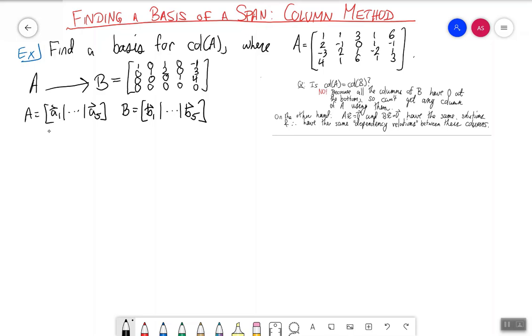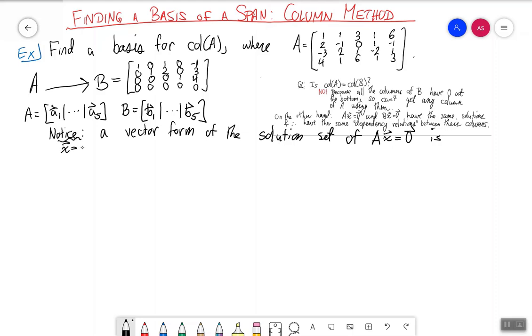Now on to the actual computation of a basis. The first observation I want to notice is that after doing a little bit of calculation using this reduced row echelon form B, a vector form of the solution set of AX equals 0 is X equals S times (1, 2, minus 1, 0, 0) plus T times (minus 1, 3, 0, 4, minus 1).